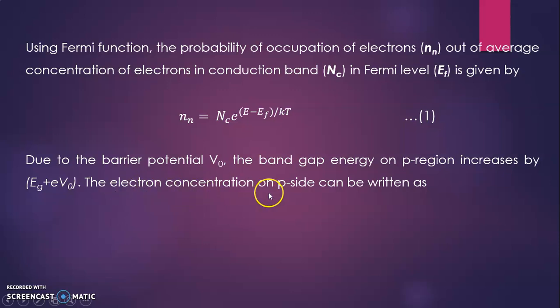So the electron concentration on the P side can be written as n suffix p equals N suffix C e raised to minus, inside the bracket, Eg plus E V naught minus EF, upon kT. It is a similar equation to the previous one, only this energy E is increased by Eg plus E V naught. Let this be equation number 2.